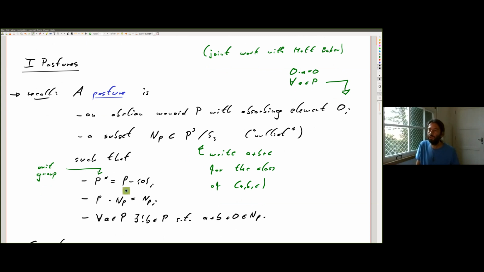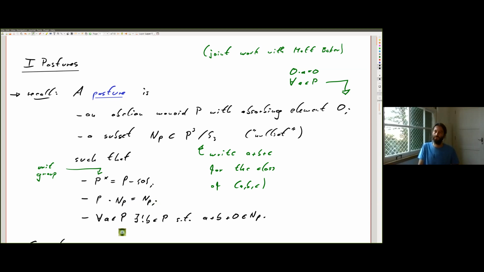First of all, every non-zero element is a unit, is multiplicatively invertible. This is something that pastures have in common with fields, and you will notice that the literal meaning of pasture is some kind of field. You should think of that also in the mathematical sense. The second axiom is that the diagonal action of P on this null set of triples, or equivalence classes of triples, stabilizes the null set.